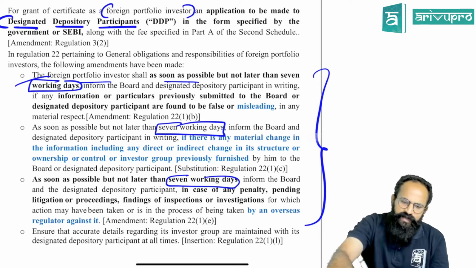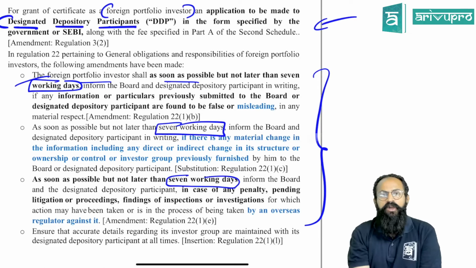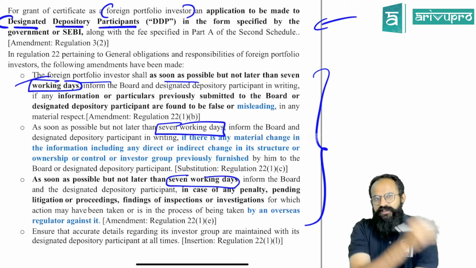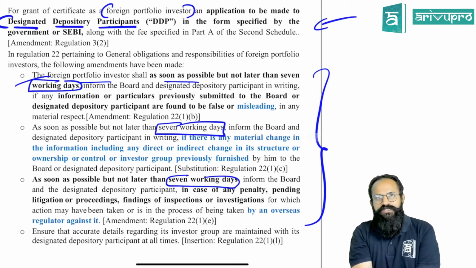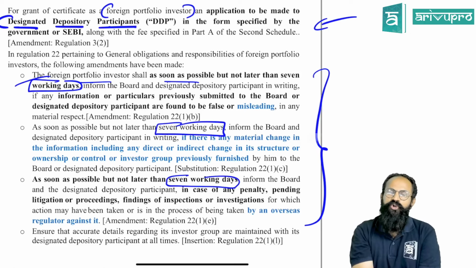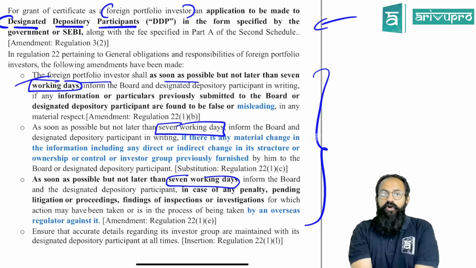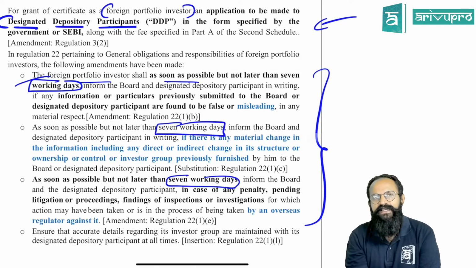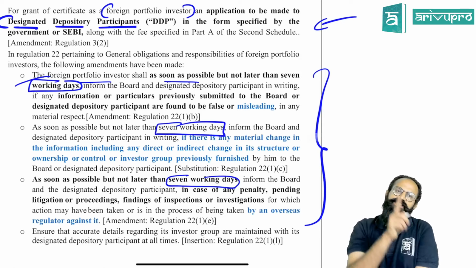Imagine when I was applying for FPI certification, I had given some information. What if the information you gave was false or misleading? Whenever you get to know that it was misleading or false, within 7 working days you need to rectify that and intimate it to the designated depository participant.